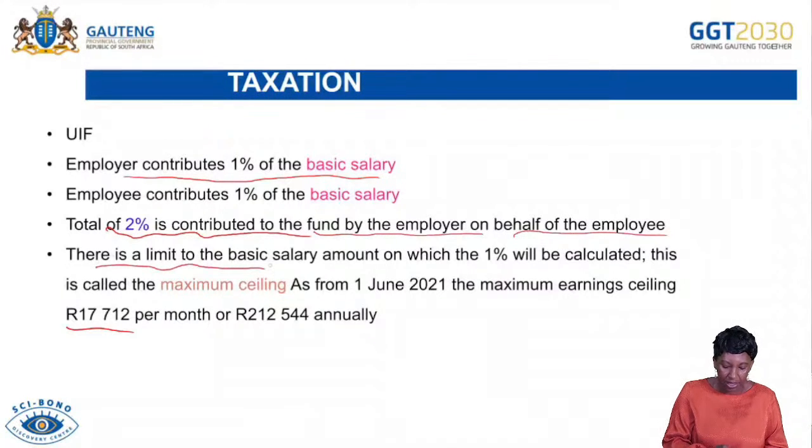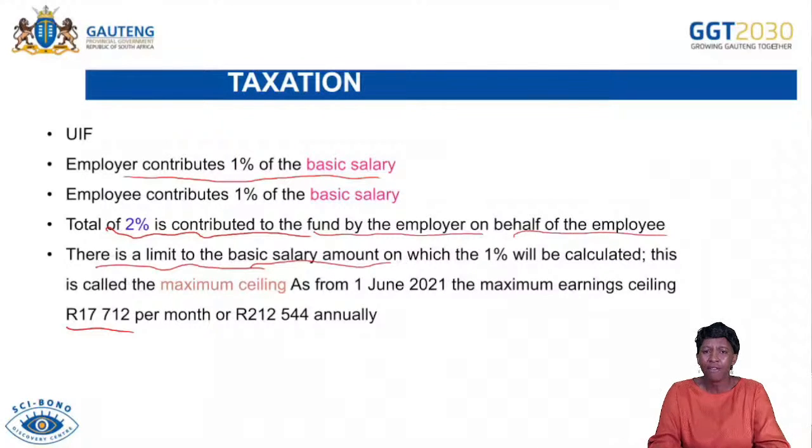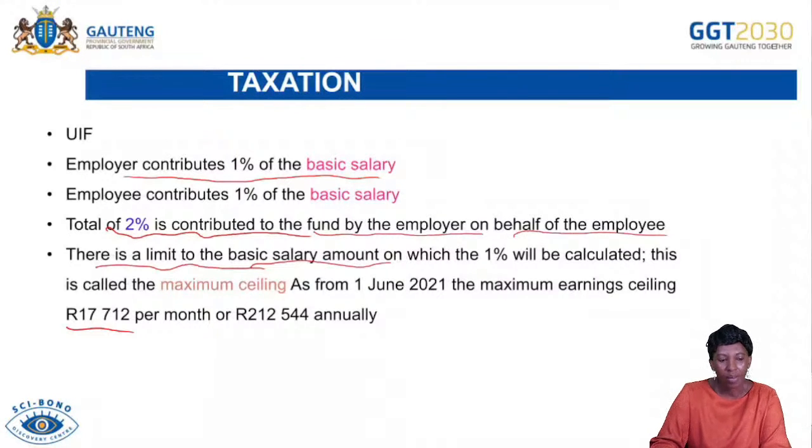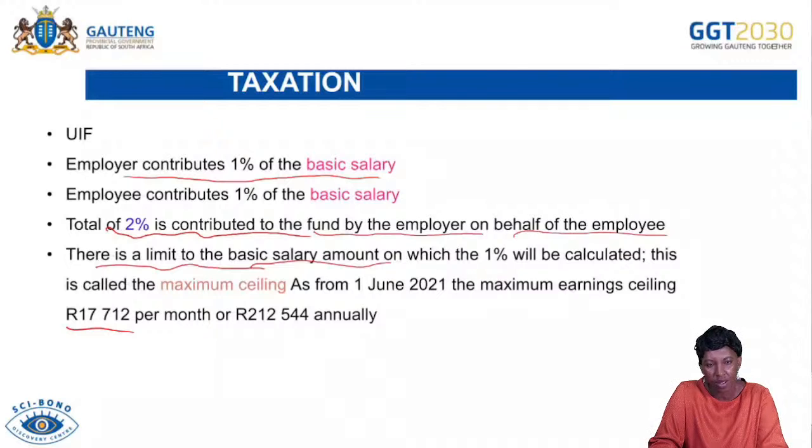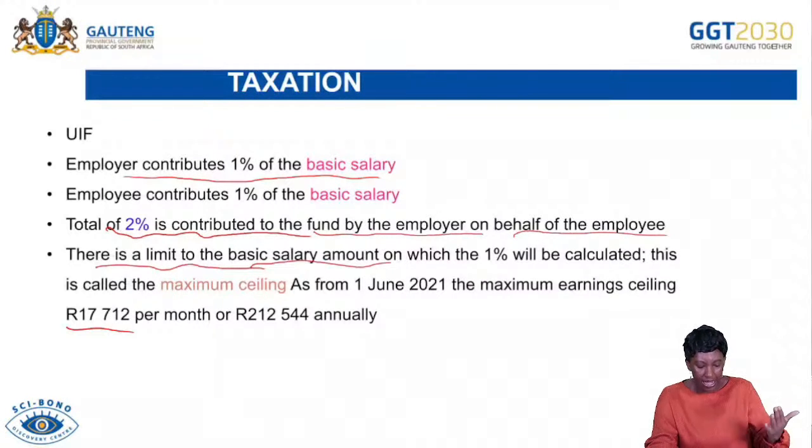And then there's a limit to the basic salary. Remember now, if there is no limit, one person is earning 34,000, one is earning 17,000, one is earning 52,000. There are different salaries that employees are earning.